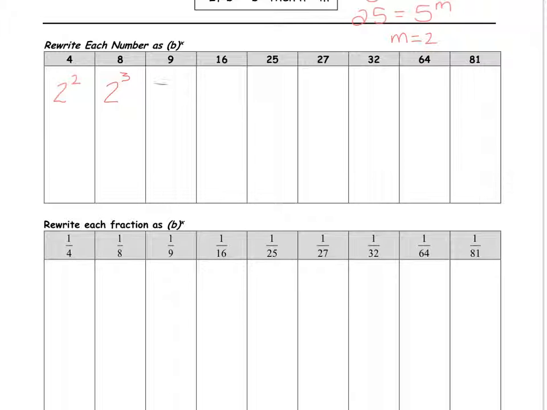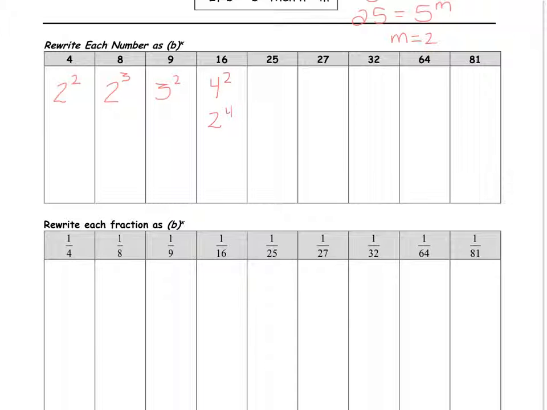I'm thinking 3. 3 to the second power. How about 16? Well, 16 you should be saying is the same thing as 4 squared. But 16 is one of those unique numbers that you can use a different base. How about 2 to the fourth power? If you don't believe me, put 2 to the fourth into the calculator and you'll get 16.